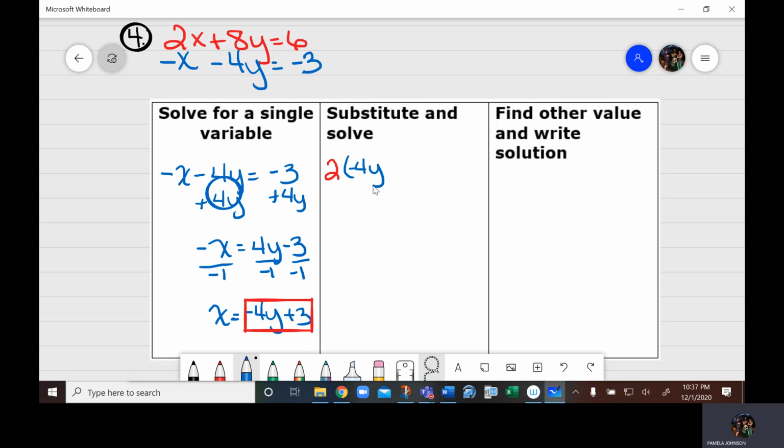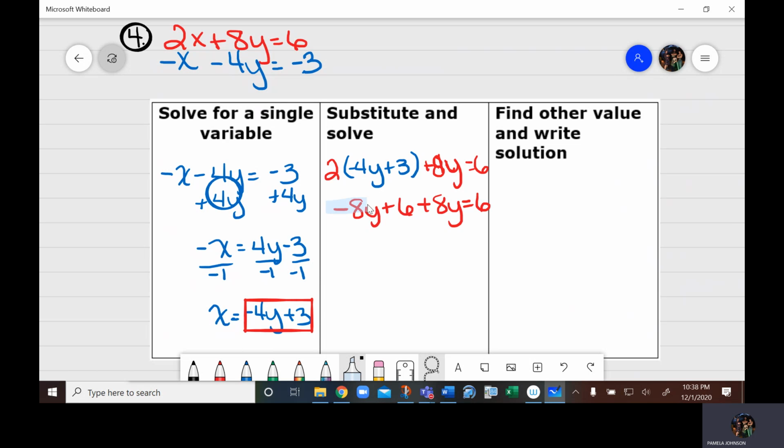So 2 times negative 4y plus 3, sorry, wrong equation, plus 8y equals 6. All right, sorry about that. Now we're going to distribute the 2. We get negative 8y plus 6 plus 8y equals 6.